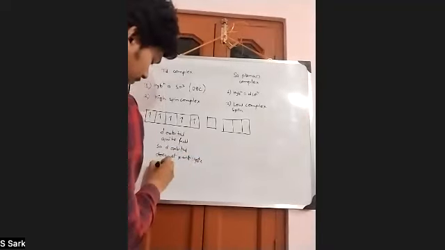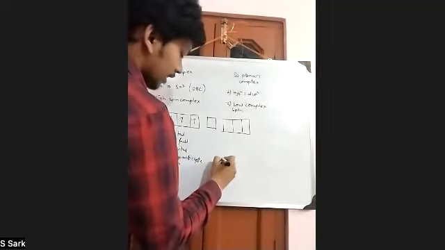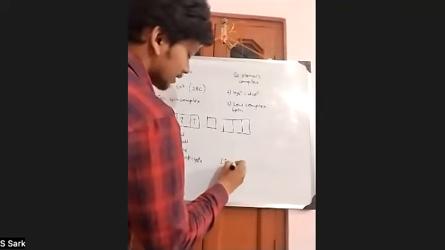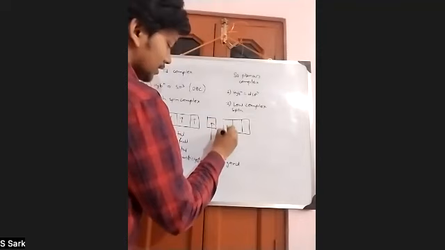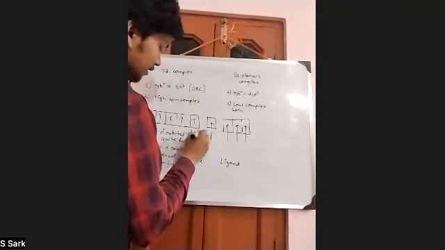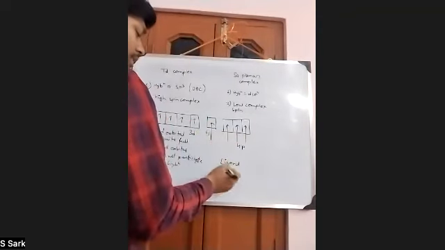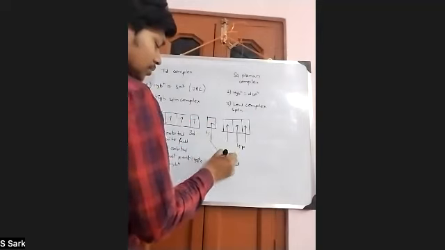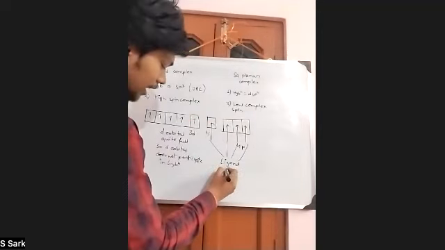So the ligand donates its electrons in these orbitals. This is 3d, this is 4s, and this is 4p. So the ligand donates its electrons to the outer 4s and 4p orbitals. This is why the hybridization will look like sp3 hybridization.